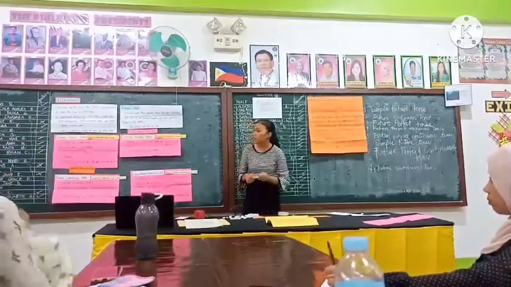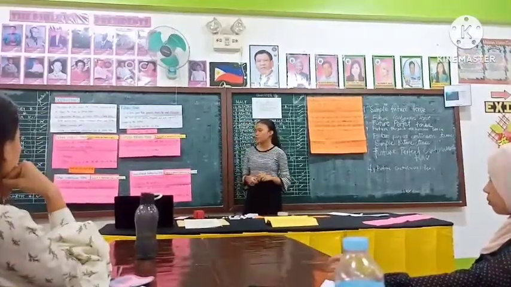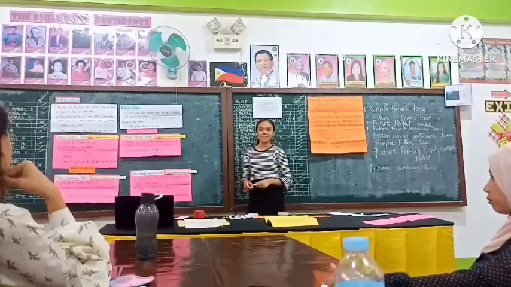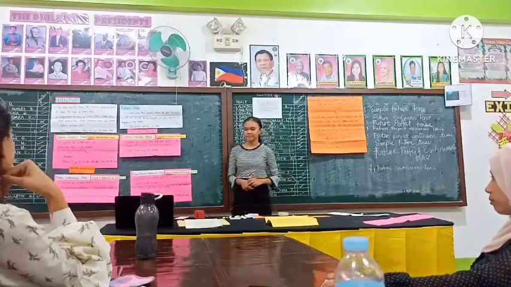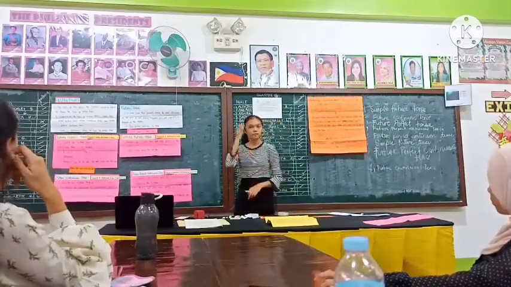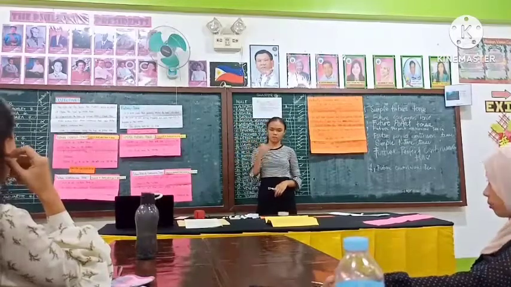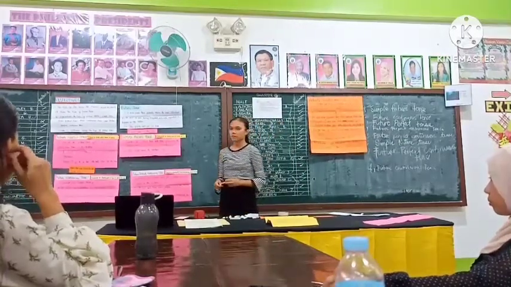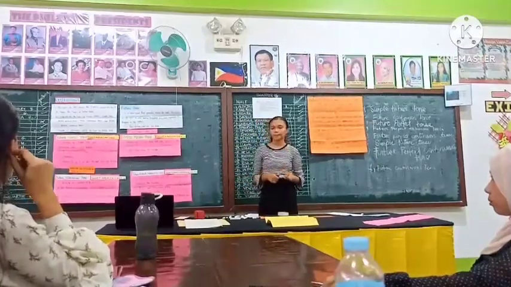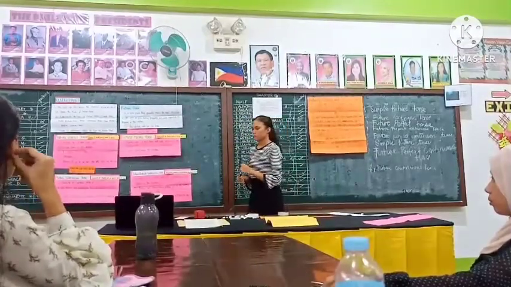So how about the future continuous tense and future perfect continuous tense? Okay, Rochella, please stand up. The difference is that future continuous tense depicts an action that is likely to happen in the future and continue for an expected length of time.